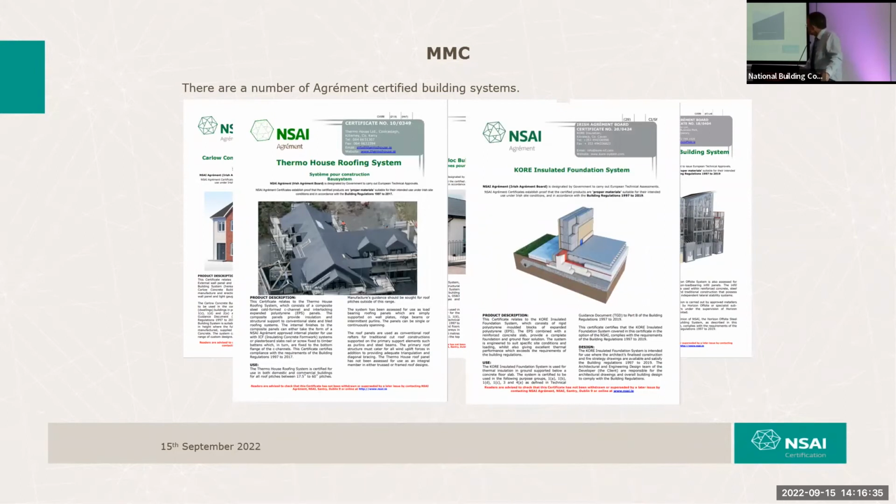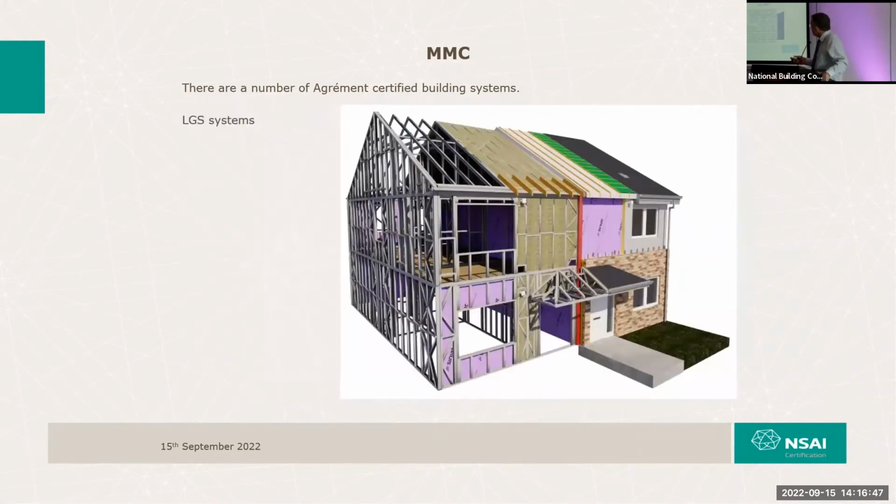I think this has also been, it seems like my whole presentation has been nicked from me. Validity of the Psi values: the guys already spoke about the fact that in the published tables D1 to D6 in Appendix D of TGD L, there are target elemental U values that you must achieve in order for the Psi values to be valid.